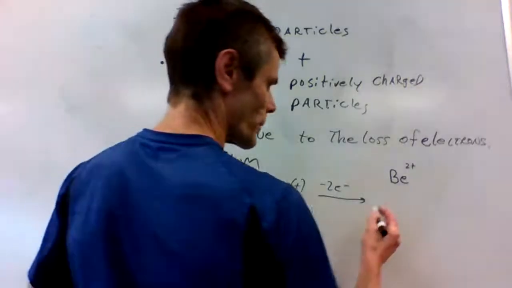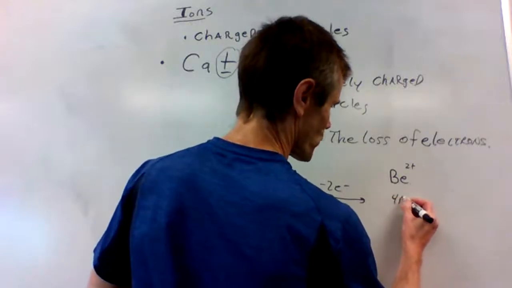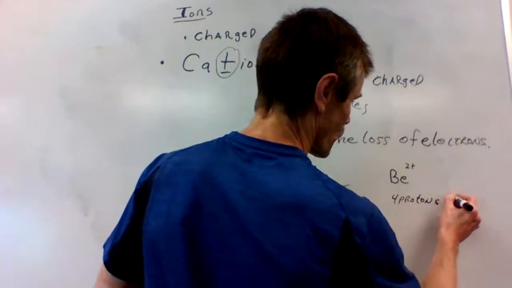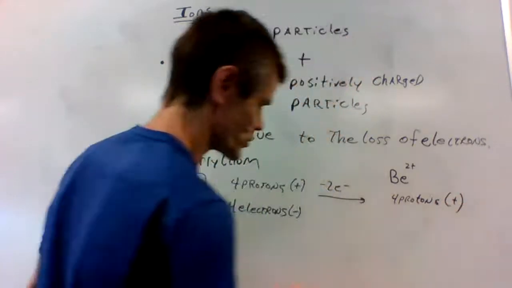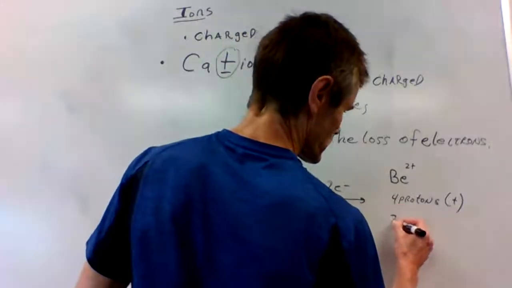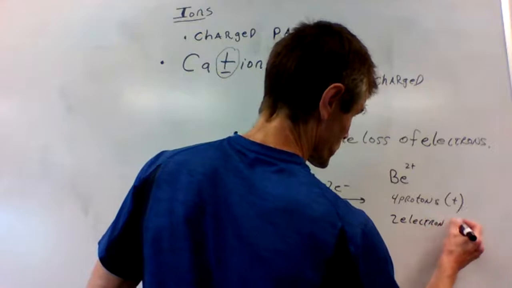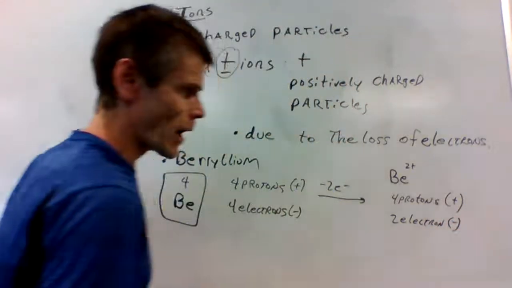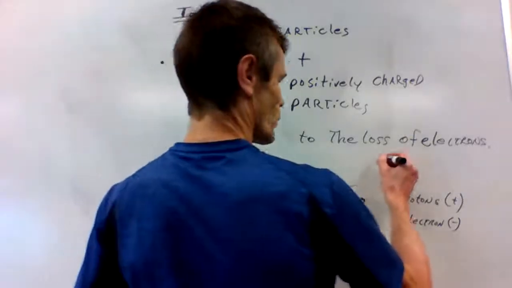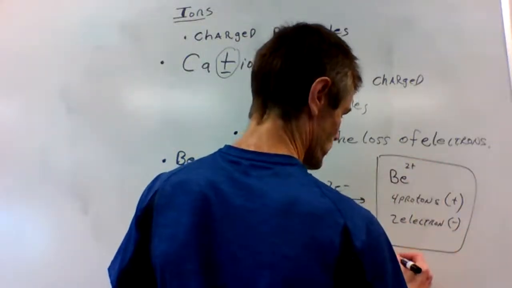And therefore, the beryllium cation has 4 protons, 4 units of positive charge, and it lost 2 of its electrons, 2 units of negative charge, and now we have an excess amount of positive charge, and we have what we call the beryllium cation.